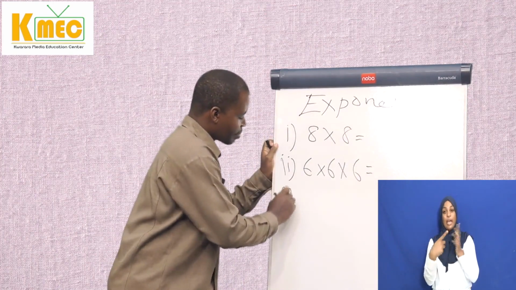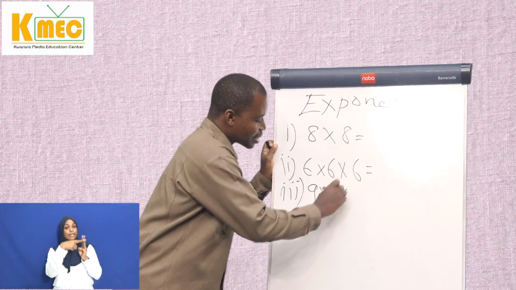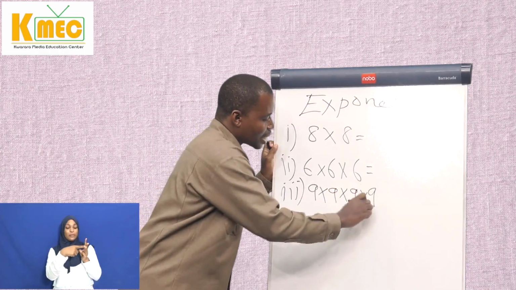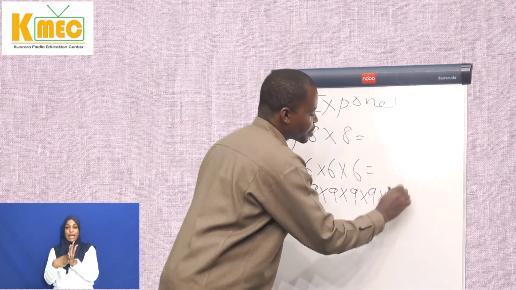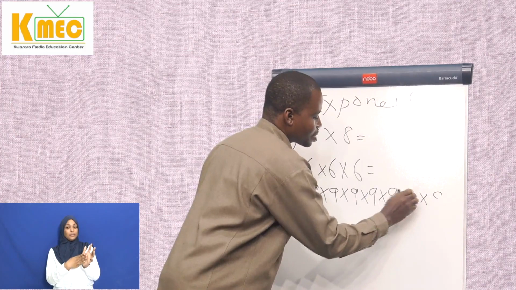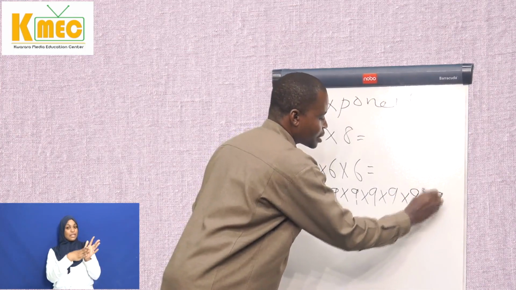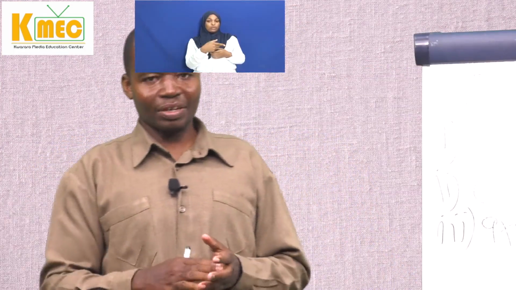And our third example is 9 times 9 times 9 times 9 times 9, and so on. How many times does each number multiply by itself?